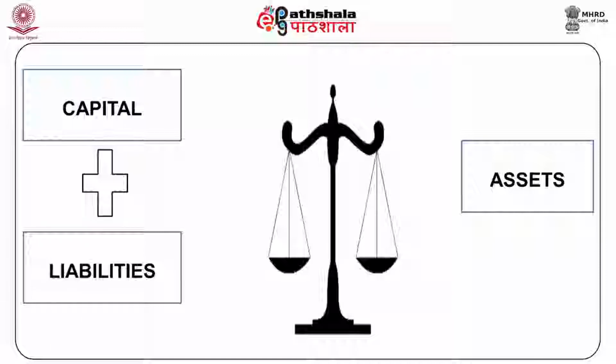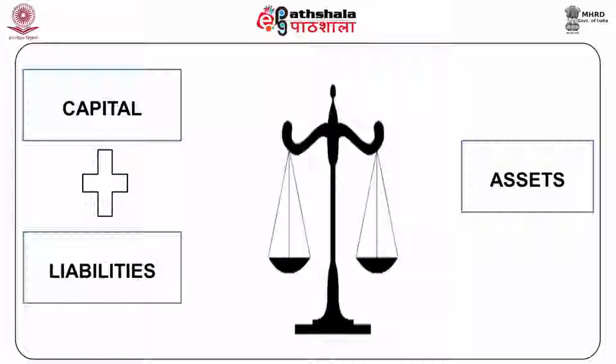The resources may be held by the entity in the form of cash, inventory, debtors, building, machinery, etc. The providers of funds have claim, which may be divided into two categories, first, owner and outsiders. At any point of time, resources of the business entity must be equal to the claims of those who have financed these resources.